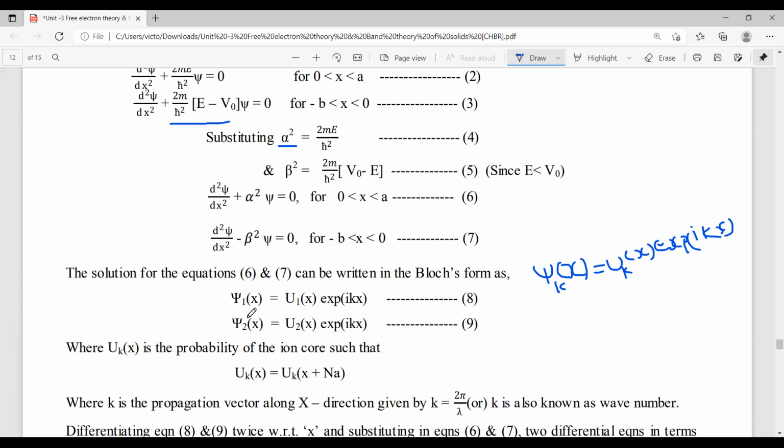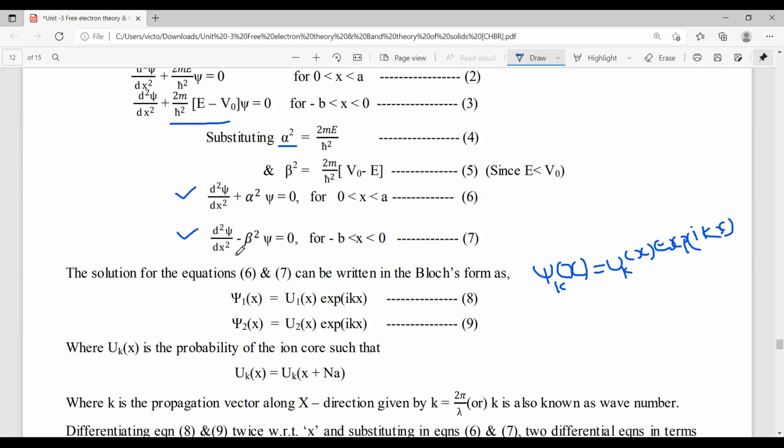So for example, if you take this as 1, then in the suffix we use 1. This is the second equation, so we use suffix 2. So these are the generalized solutions of equations 6 and 7. For equation 6, the solution is xi1 of x equal to u1 of x exponential of ikx.